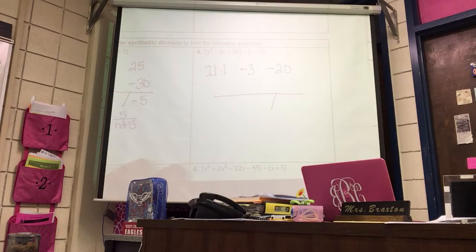So there's your setup. You have your A in the box, then you have your coefficients. All right, you bring the first term down, and then you multiply. 7 times 1 is 7, and you add. 7 times 4 is 28, and you add.